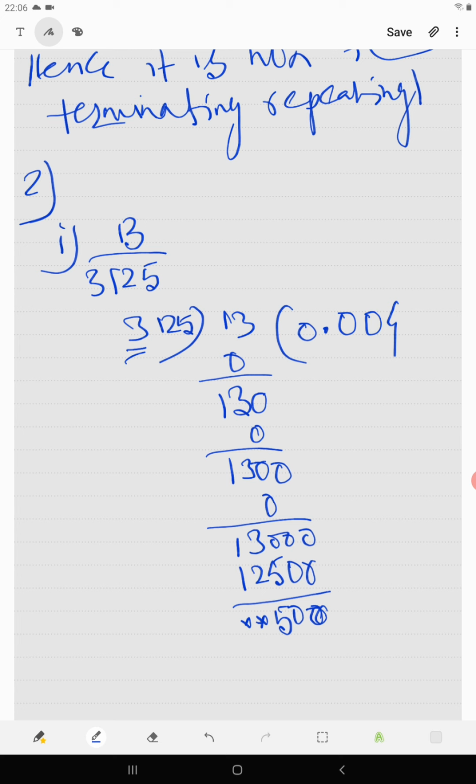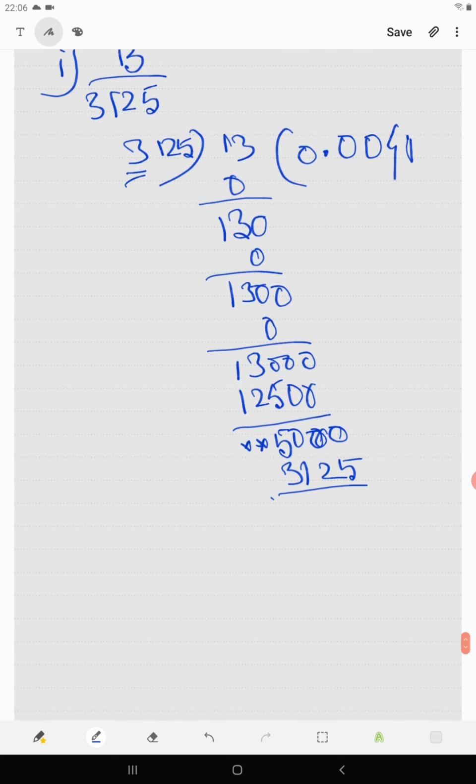500. Now again 0 will come over here, and 3125 1 time, because if we are doing into 2, then 3 into 2 is 6000. That will be more than 5000, so it will go by 1 only. So 3125.